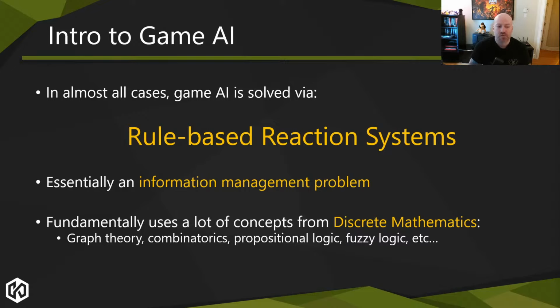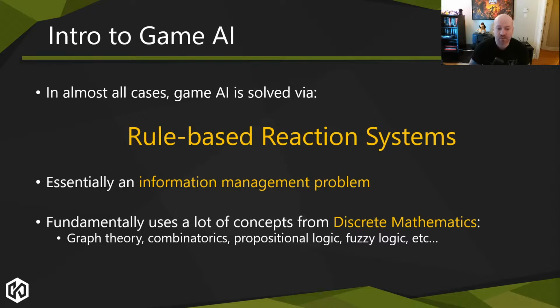If you want to look at more academic information, what is super useful is a field of mathematics called discrete mathematics. Surprisingly, since I moved to North America, nobody seems to have ever heard of this. It was something that was taught in universities. At least when I was doing my computer science degree, this was a foundational thing. We had several of these courses, which cover things like graph theory, propositional logic, fuzzy logic, combinatorics, permutations, a lot of that kind of basic stuff.